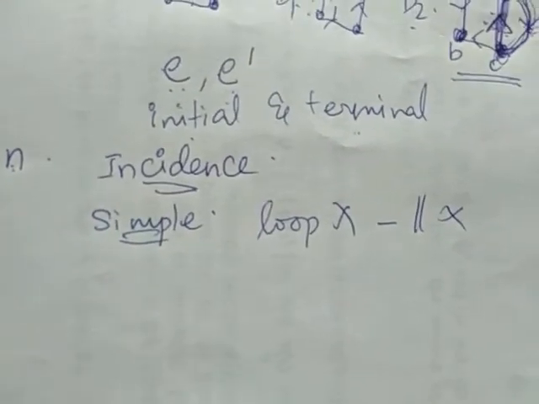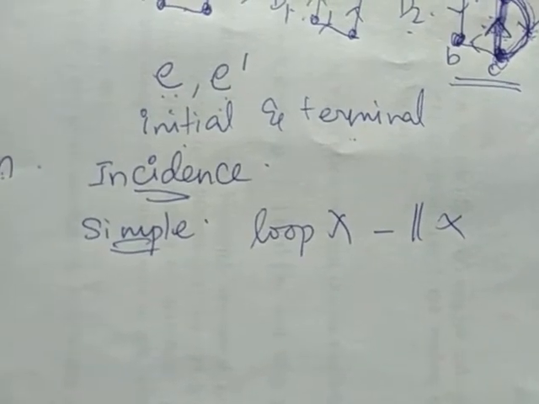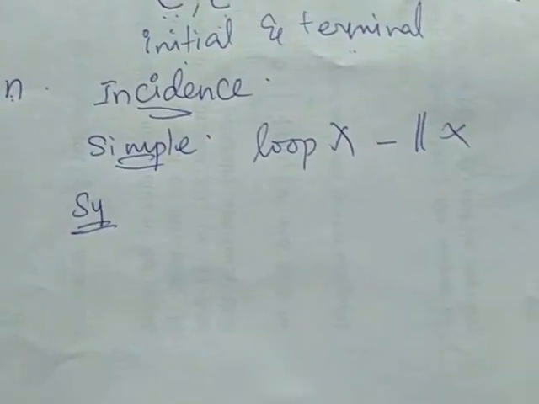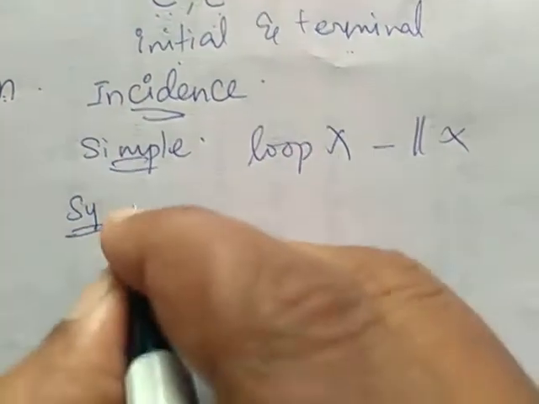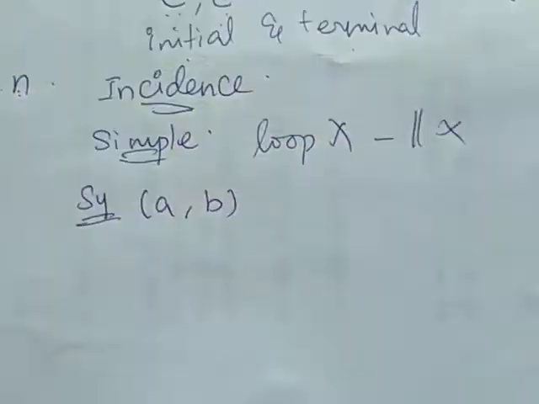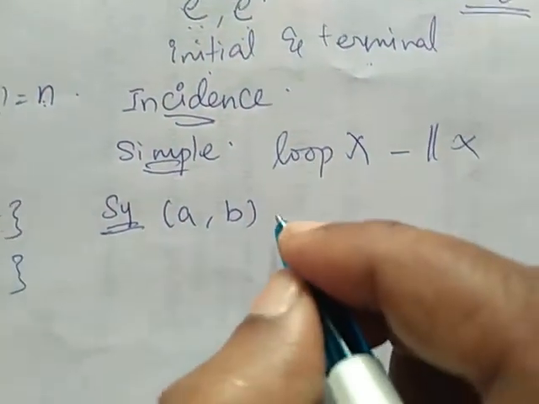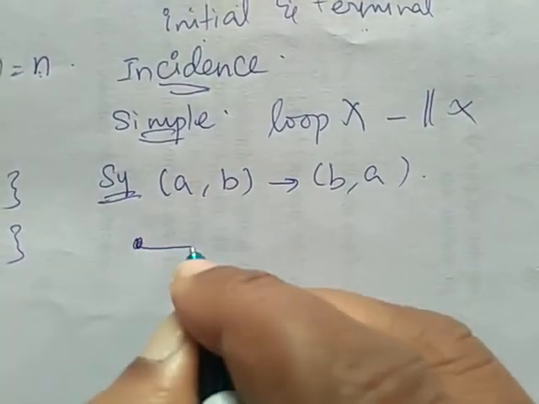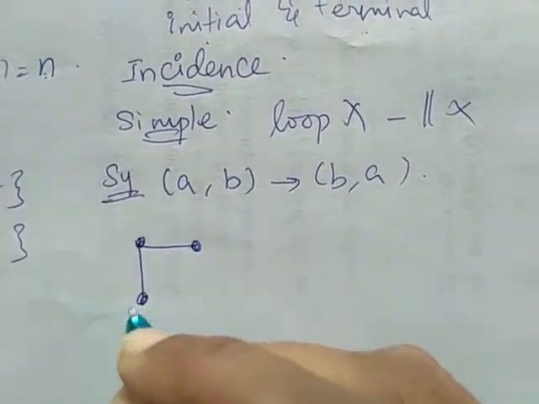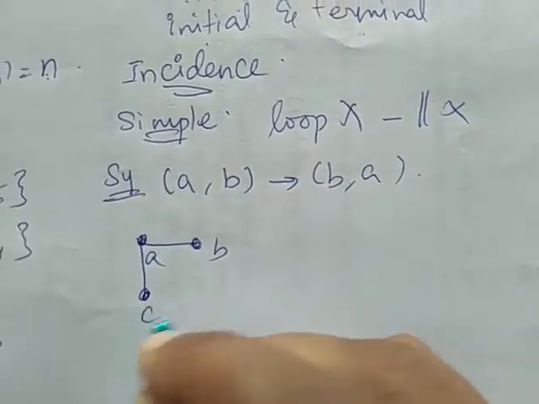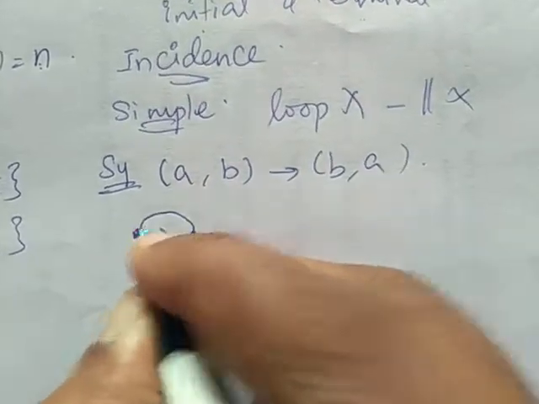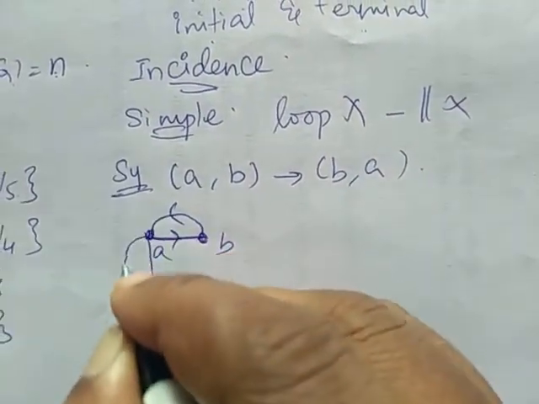Now we are going to study symmetric digraph. In a symmetric digraph, for every edge A comma B, there also exists an edge B comma A. For example, if this is my example, for AB, there should exist another edge BA.